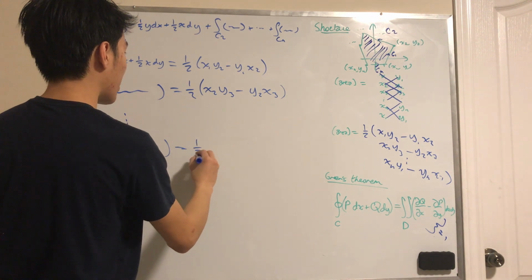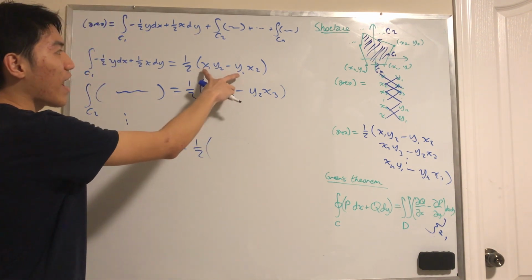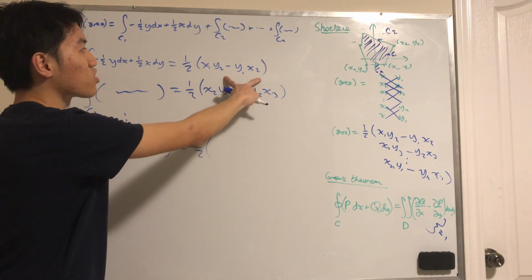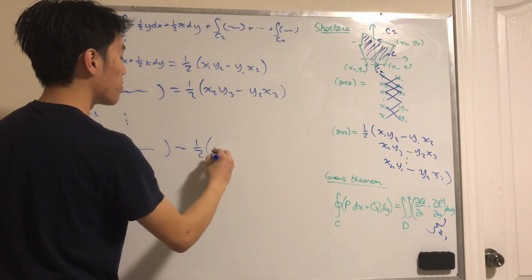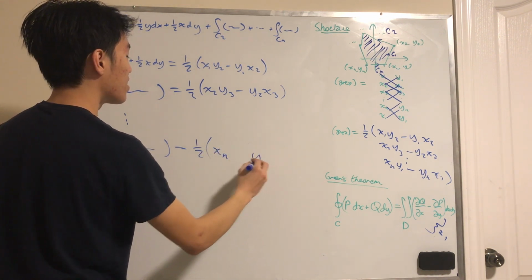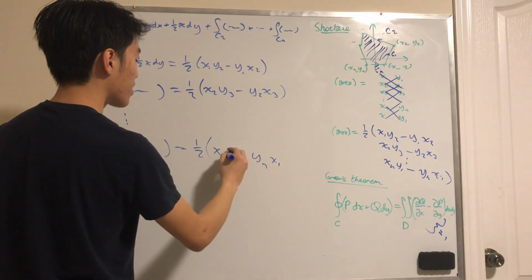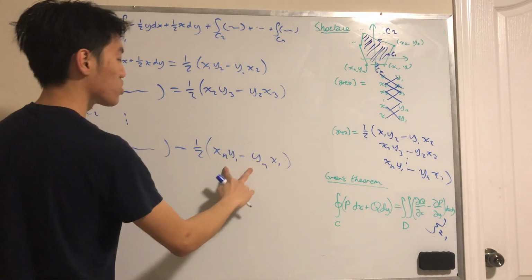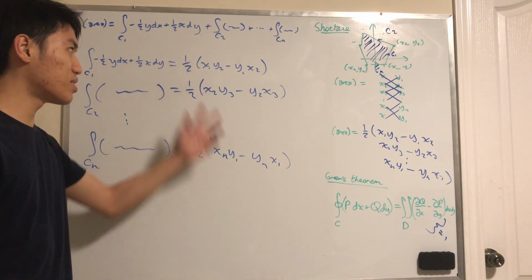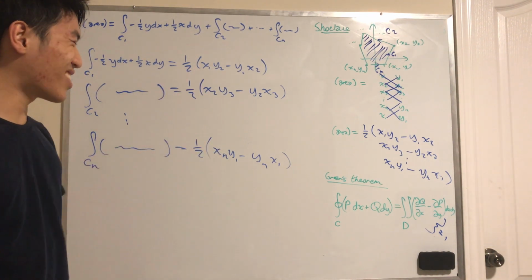It's going to be 1/2. Instead of going from x1, y1 to x2, y2, we're going to go from xn, yn to x1, y1, like that. So, just by symmetry, you don't need to work all of these out again.